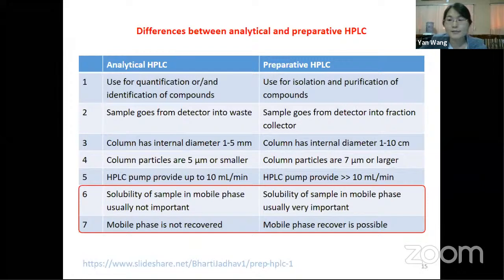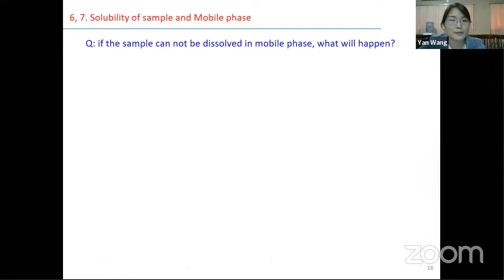And the next differences, number 6 and number 7, are about the mobile phase and also about the solubility of the sample. For analytical HPLC, if the sample is not fully dissolved in the solvent and we just want to have a look, you can just filter the sample and check the soluble part to get some idea.